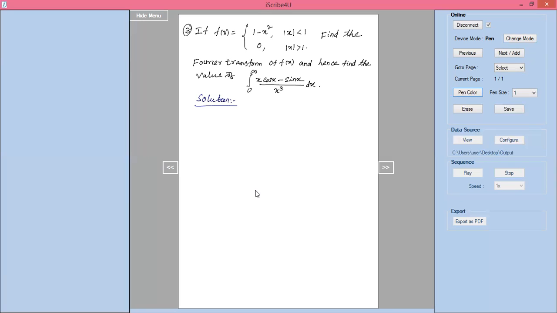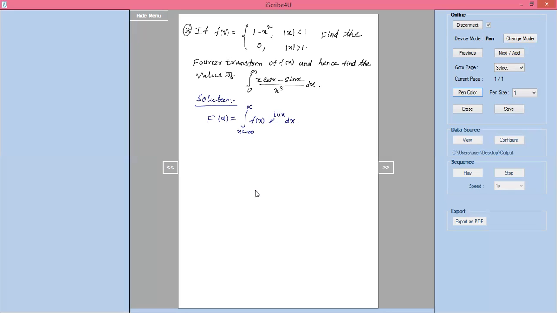Solution: first, what is the formula? We know that F of u equals the integration from x equals minus infinity to plus infinity of f of x into e power iux dx. Now, what is f of x?